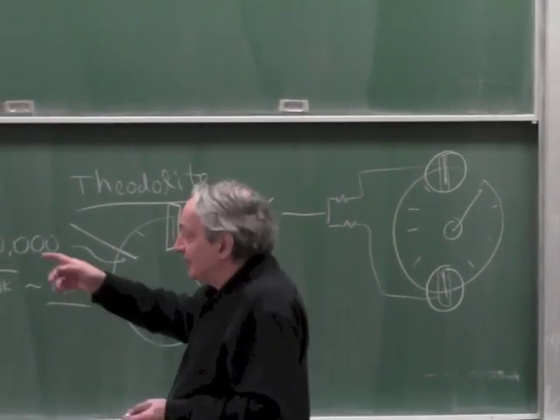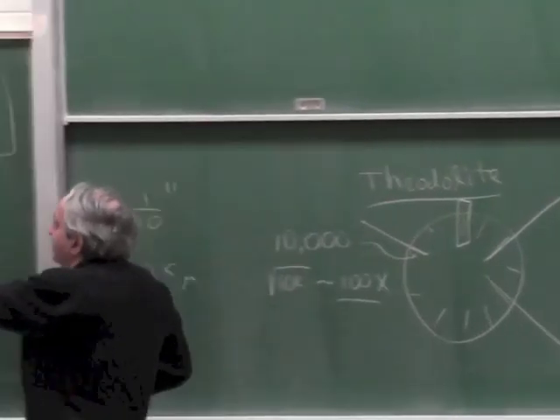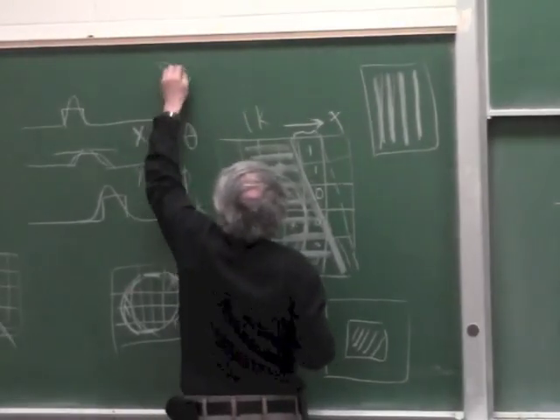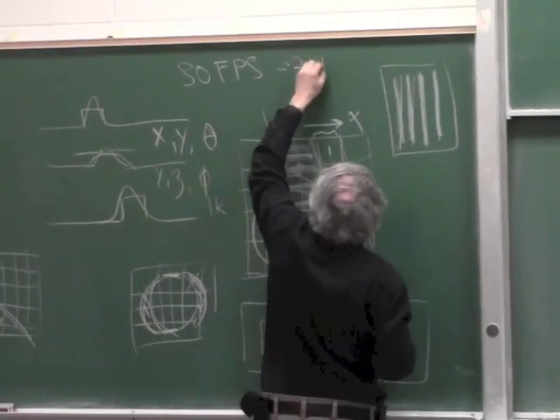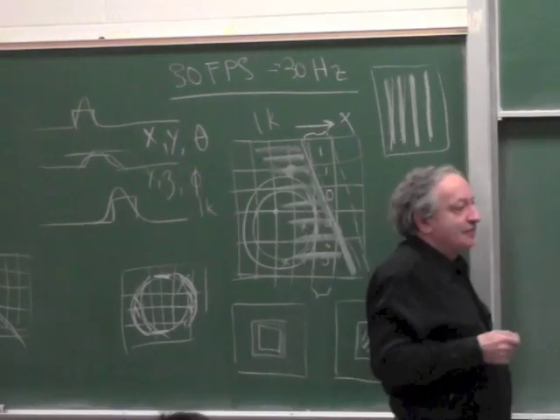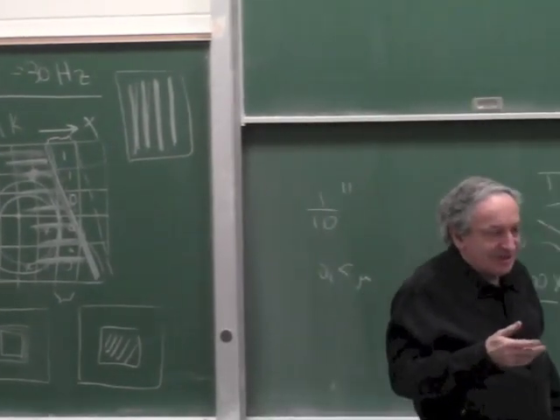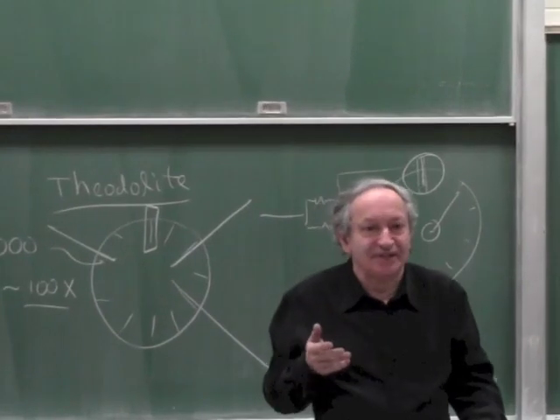But for a sensor, it's very bad, because if a camera samples at 30 frames per second, which is the same as 30 hertz, because of the Nyquist rate, it means it can only pass information at 15 hertz.